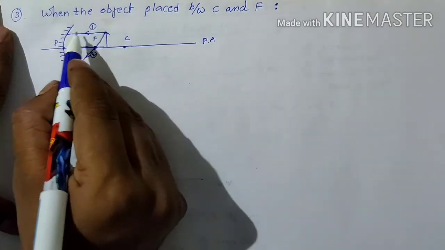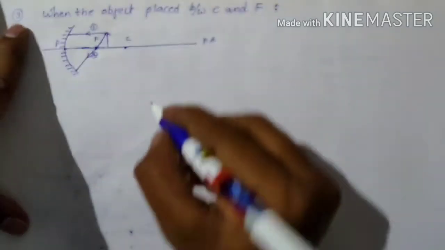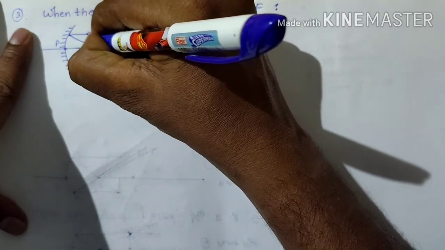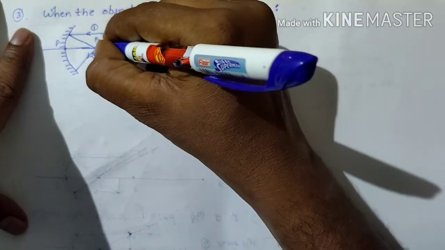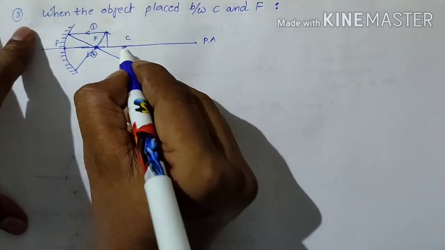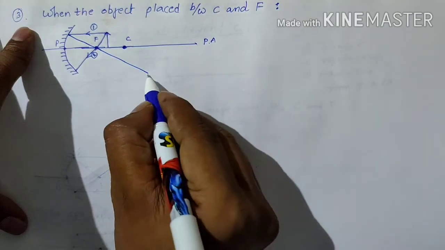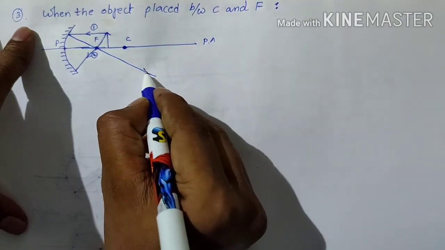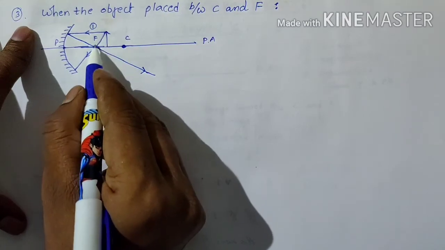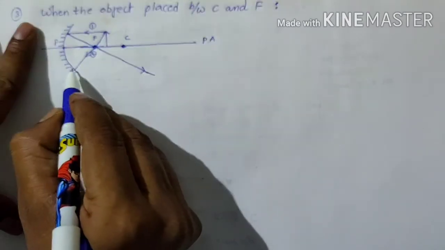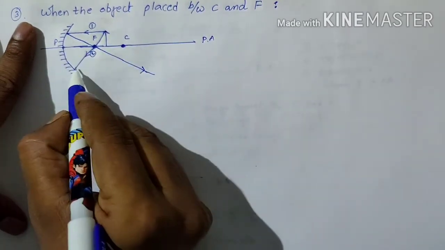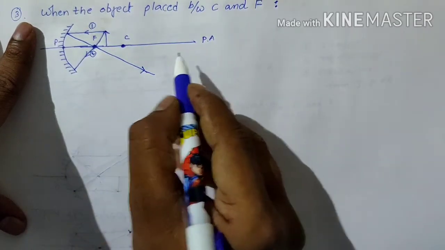You know, every parallel ray will be reflected passing through the focus. This is the reflected ray. And the ray passing through the focus will be reflected parallel to the principal axis. This is the principal axis, and this will be reflected parallel to it.